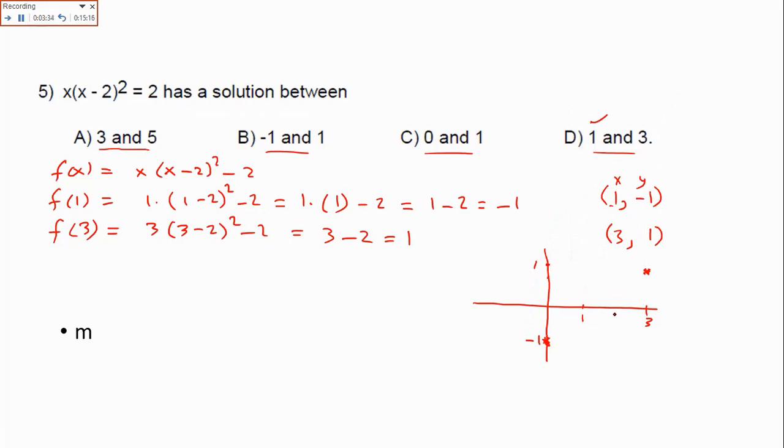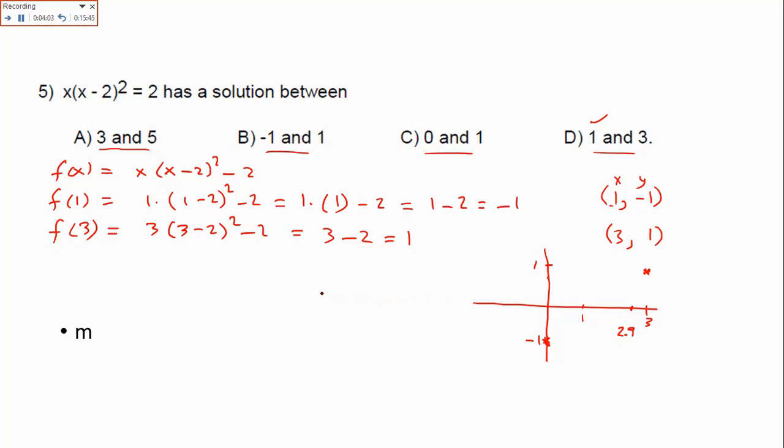That means if I find any point over here, and the evaluation of f of x for this point lies between 1 and -1, we're done. So for that we can just say, for example, we're going to take 2.7 or 2.8 or 2.9, anything close to 3. So let's just put 2.9, for example.